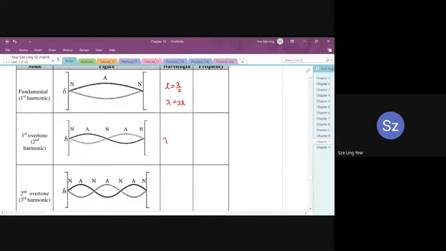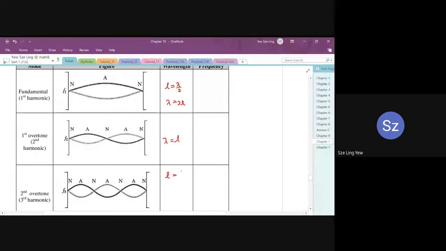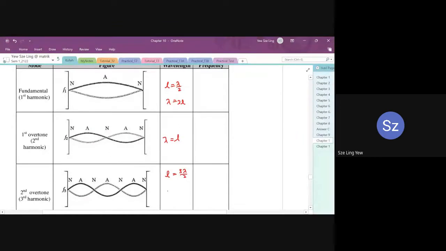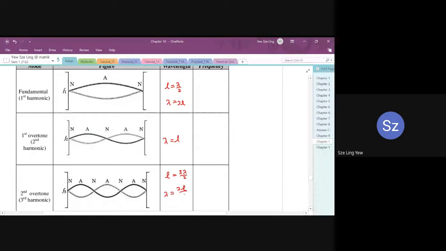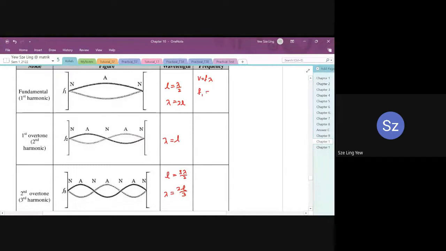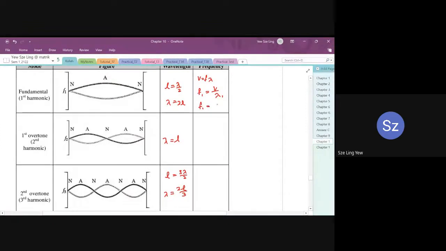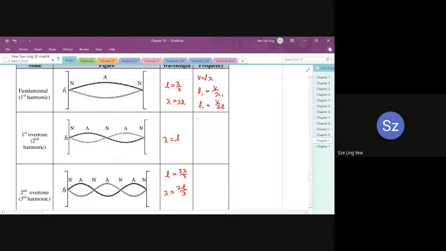And then L equals 3 lambda over 2, lambda equals 2L over 3. And then here you have V equals F lambda. F1 equals V over lambda 1, F1 equals V over 2L. It keeps doing it for all of them.